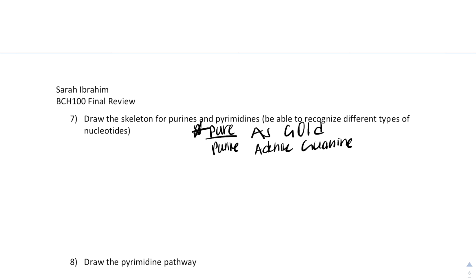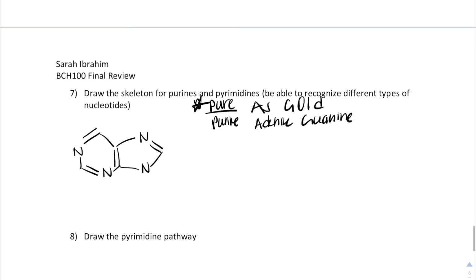So purines have a two-cyclic structure. So they look like this. And you can also find this in Dr. Thomas's slides as well. So this is a purine.